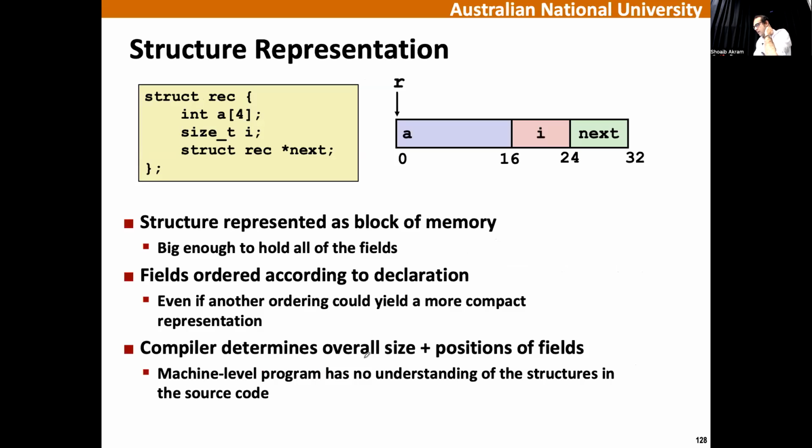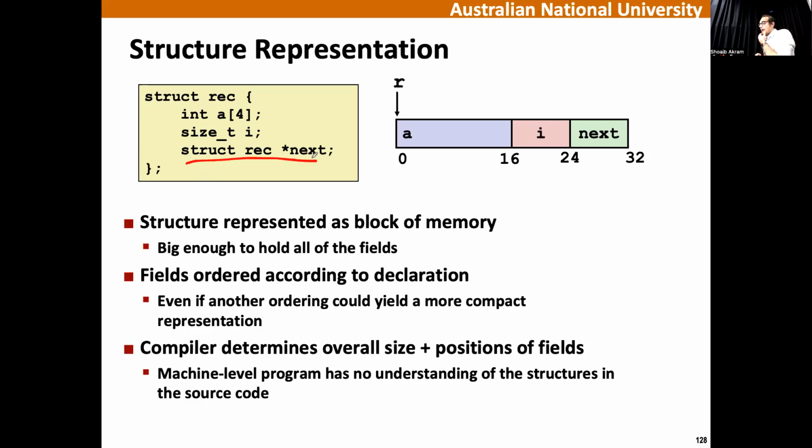Okay, we talked about structs a little bit in the last lecture. Structs in C allow you to pack together, to combine different data types into a single heterogeneous data type. In this case, I have an integer array with 4 elements, an integer I, and a pointer to the next record.